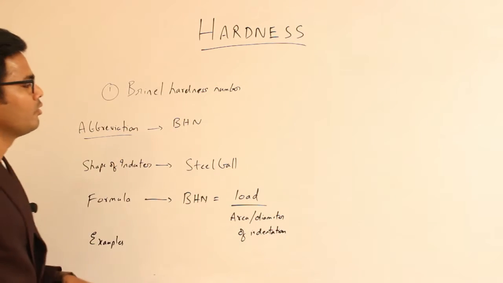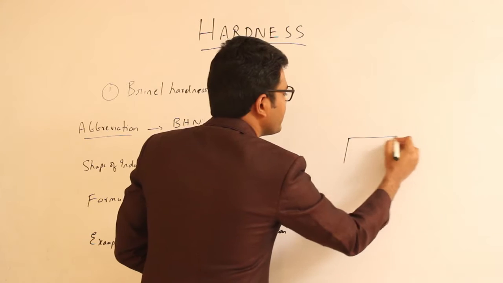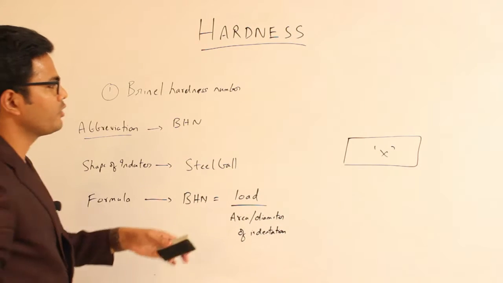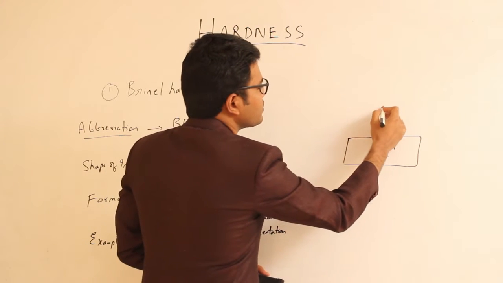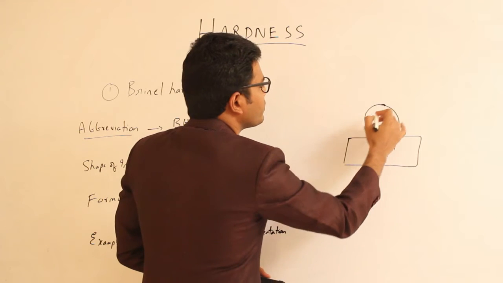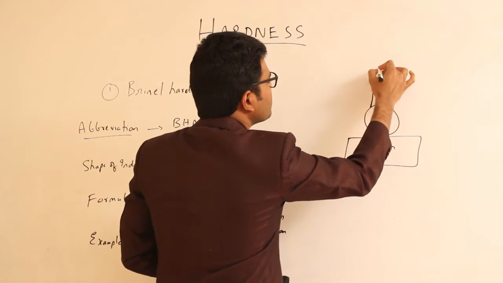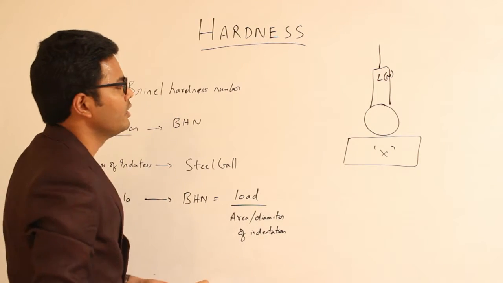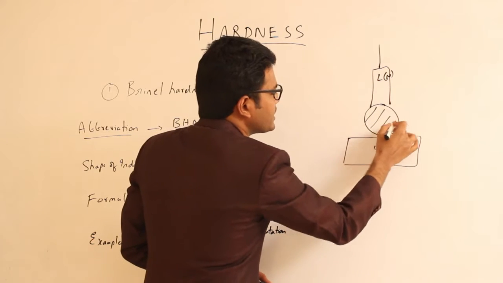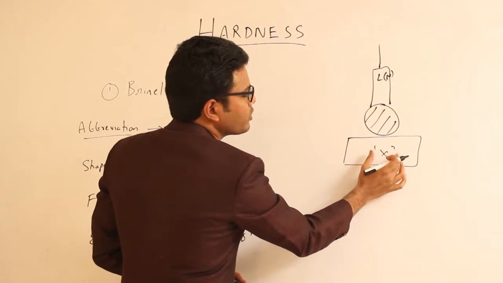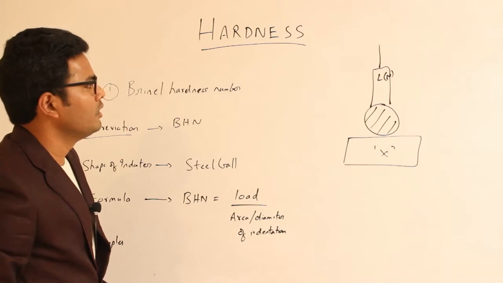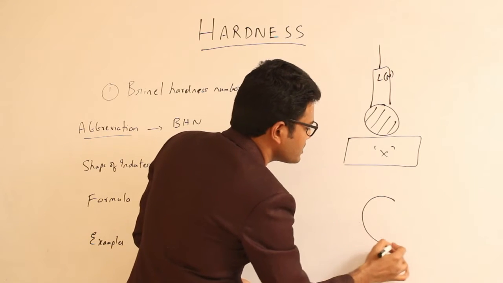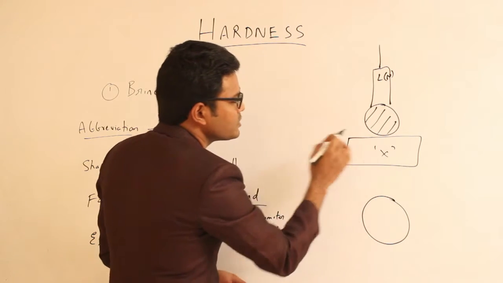In Brinell hardness, for example, we are given a material X and we need to evaluate its hardness. Employing the Brinell hardness, we take a stainless steel ball which is attached to a specified load, denoted as N, and this steel ball is made to press against the surface of the material we are going to test, in this case X. The moment we press this ball against the material, we can expect a round indentation area on the material.